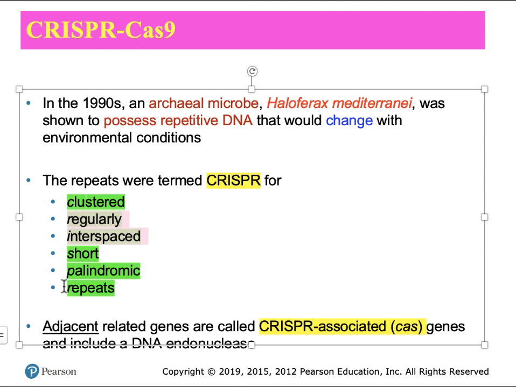In addition to this region of the chromosome, just upstream there are additional genes that only occur once. And those are called the CRISPR-associated genes, or the Cas genes. And they include the information for producing the endonuclease, the enzyme, the protein.